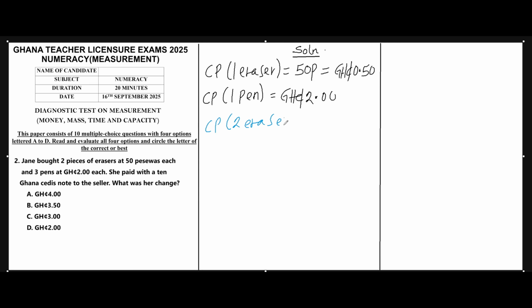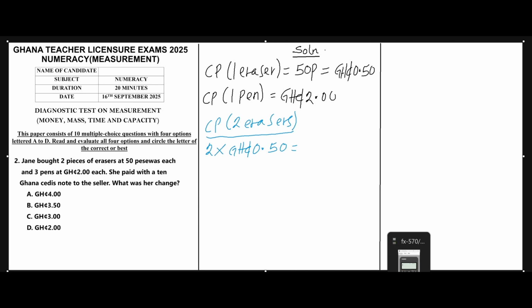The cost price of 2 erasers will be 2 times 50 pesos.